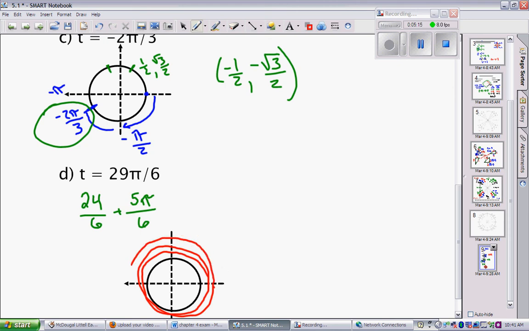It's a 6 away, so we are stopping here. This point over here is a 6 away. So it's just going to be the negative x value, so negative root 3 over 2, 1/2.